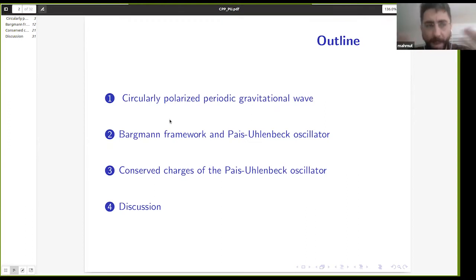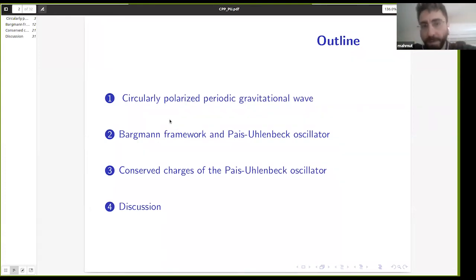Let's take an n-dimensional non-relativistic system, okay? Then, if it satisfies some conditions, of course, you can embed this non-relativistic system in a higher dimensional, n+2 dimensional gravitational space-time by using this Bargmann framework, which is sometimes called the Eisenhart lift.